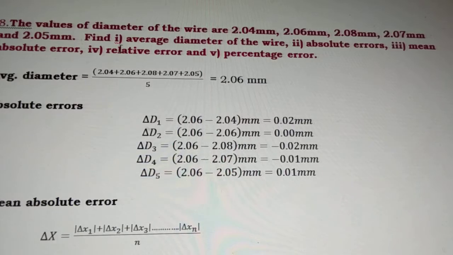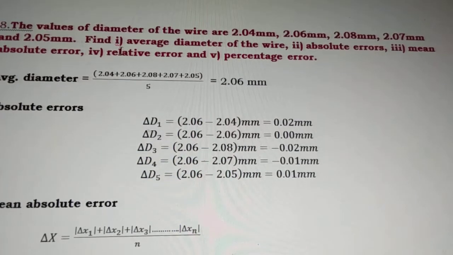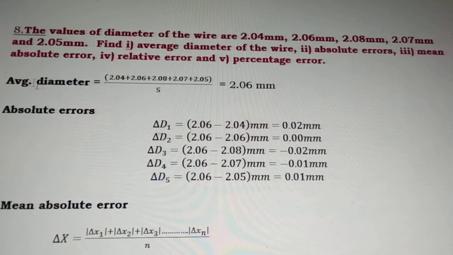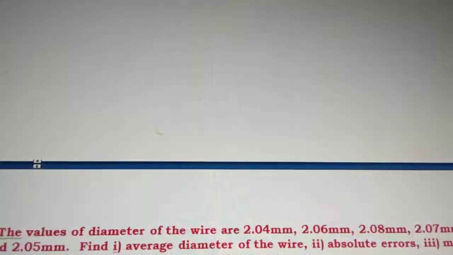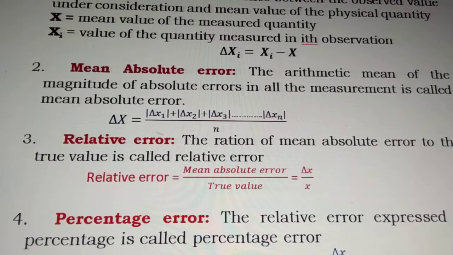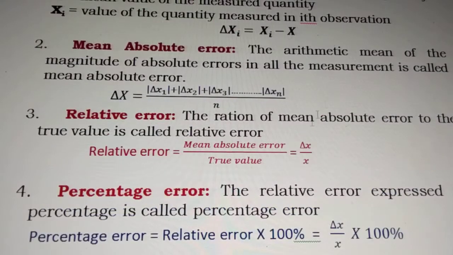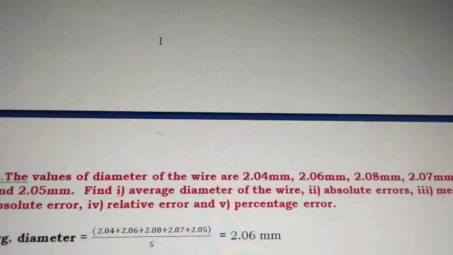Here we need to find out first the average diameter, and then the absolute error, mean absolute error, relative error and also the percentage error. All these four things we need to find out. If you do one problem, then you can understand all 4 points. Let us do this.